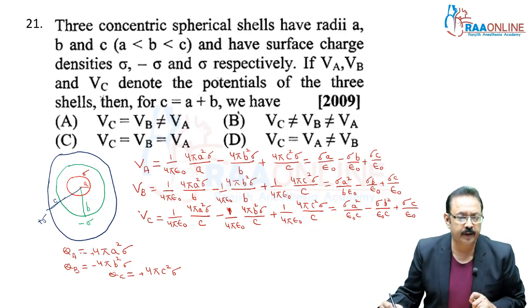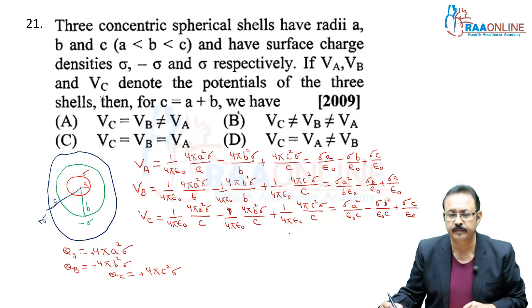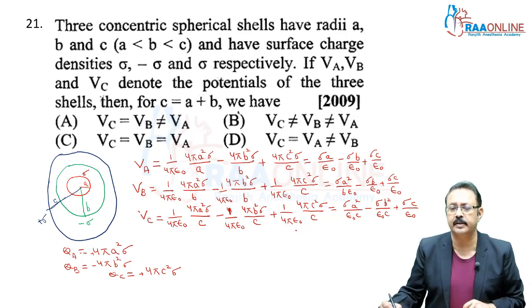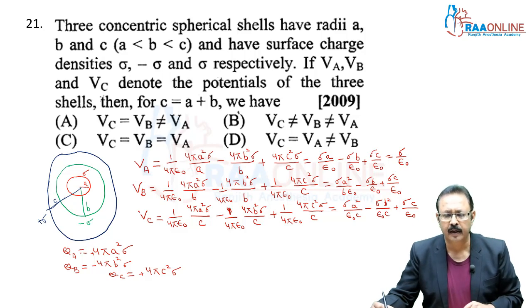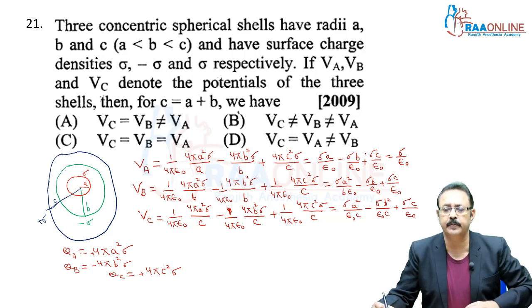So what we are observing now, what is a, what is b, what is c? In that condition, we can take σ upon ε₀ common. a plus c, a plus b is given c. c is equal to a plus b.